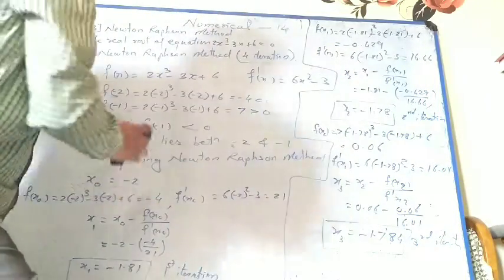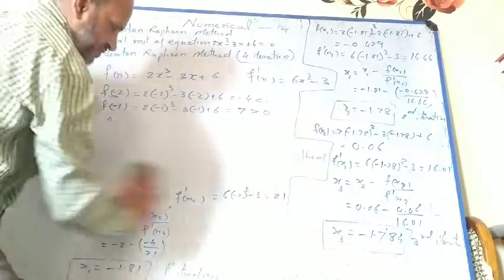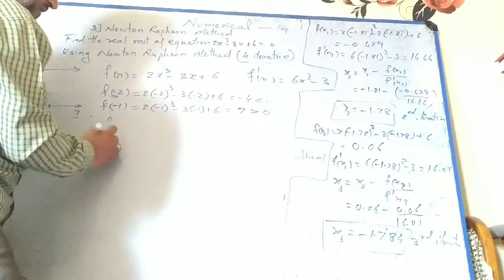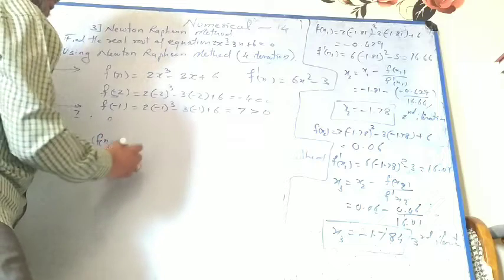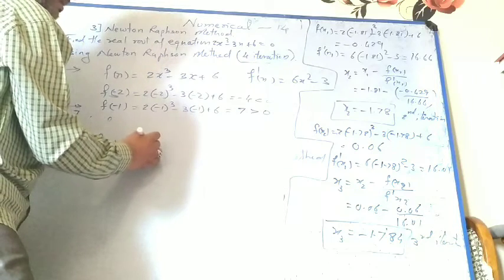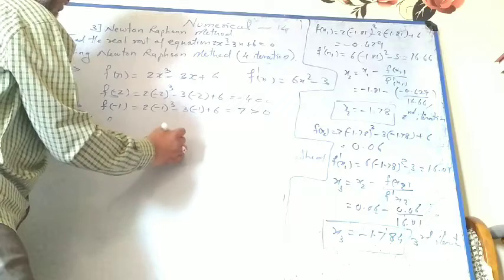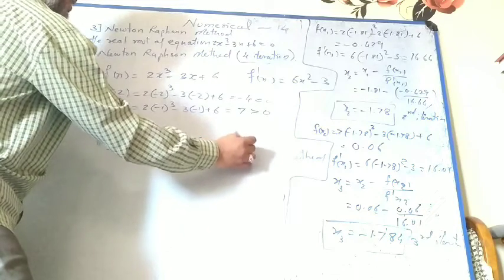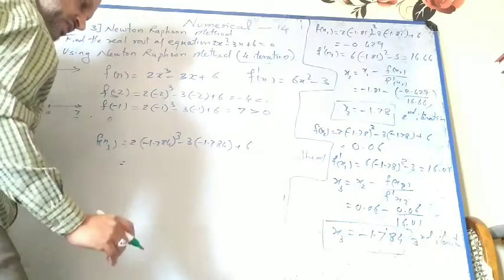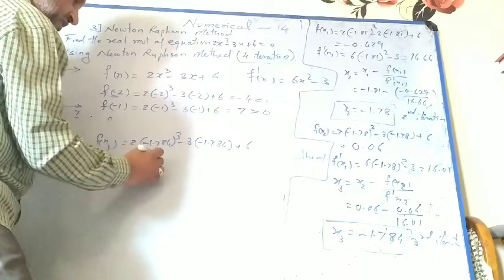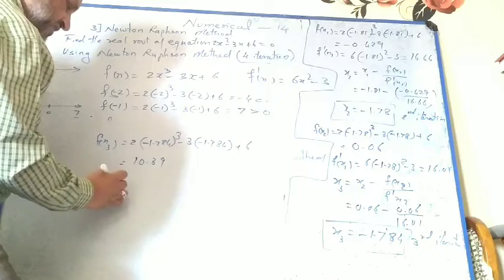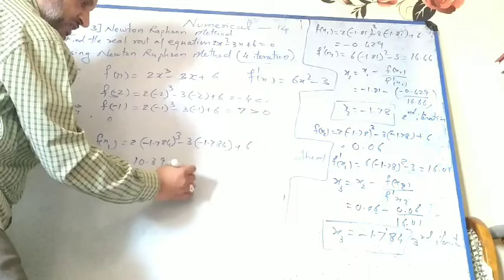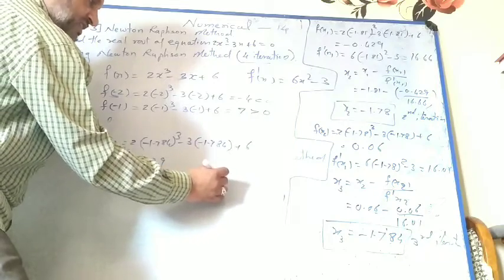Similarly, if you want to find the fourth iteration, you start with f of x3, that is 2 times (-1.784) cubed minus 3 times (-1.784) plus 6. Then you will find this to be 10.39. And f dash x3 will be 6 times (-1.784) squared minus 3.